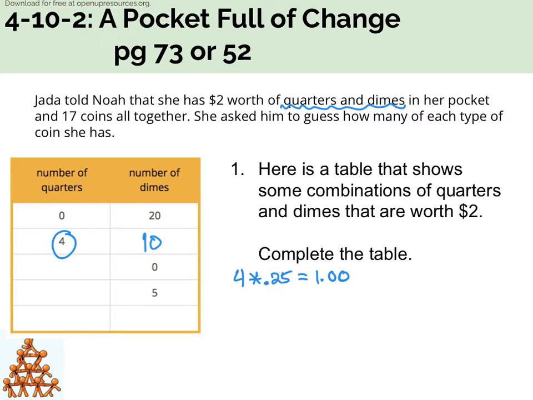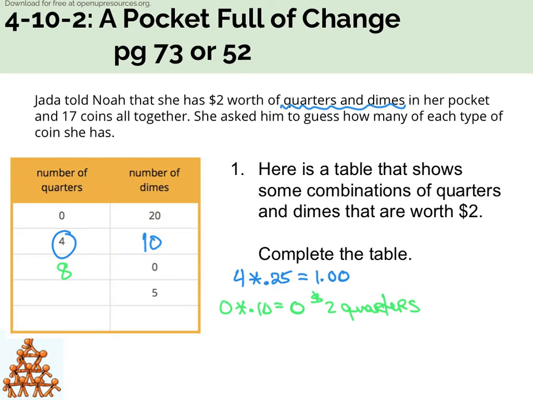Okay, let's do 0 dimes. So 0 dimes times 0.10 is 0, right? That means I need $2 worth of quarters. And so if 4 makes $1, that means I need 8. Okay, moving on.